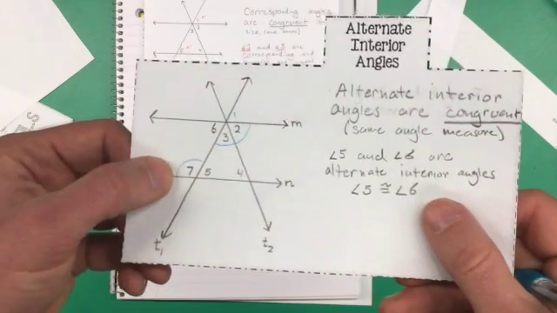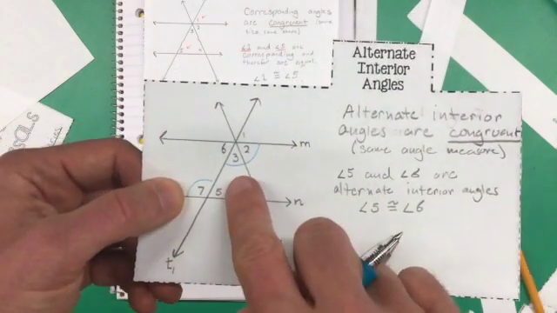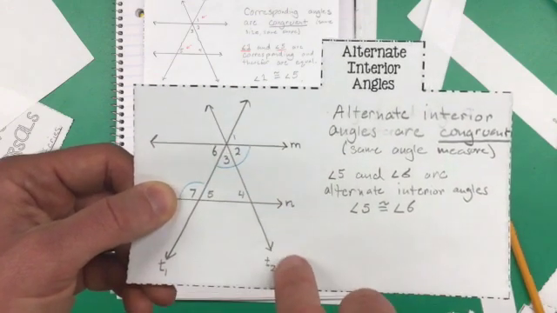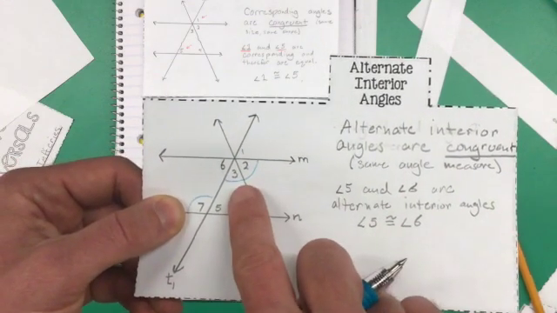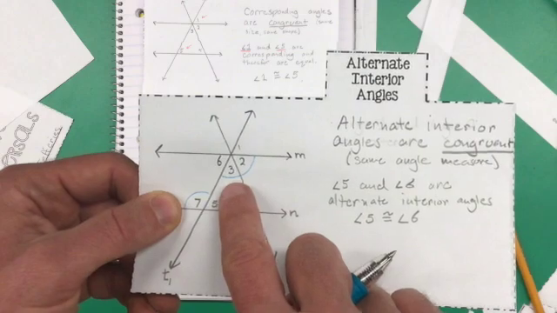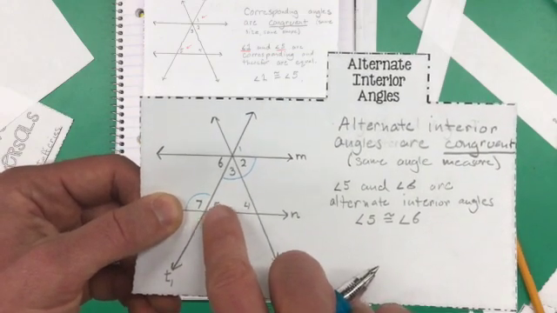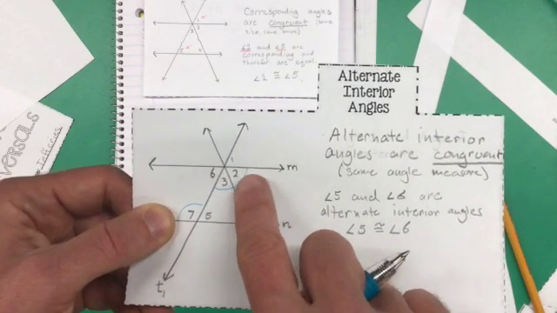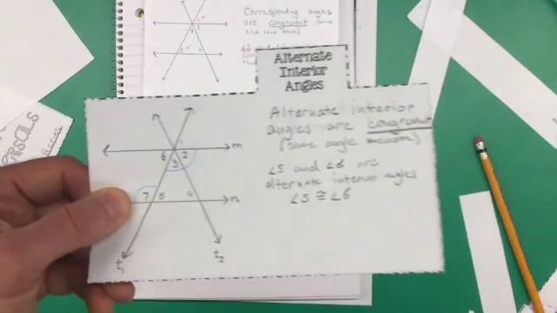So this angle 7 is alternate interior to this bigger angle here that is cut by this other transversal line to make 2 angles. So what this means is that the measurement of angle 7 is going to equal the measurement of angle 2 plus the measurement of angle 3. So those are alternate interior.